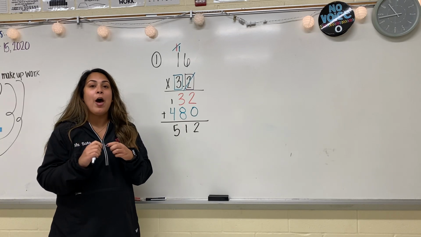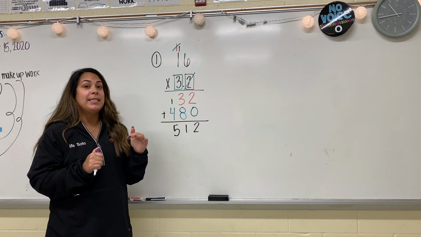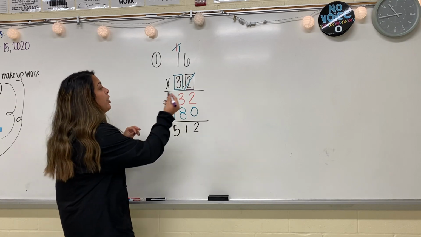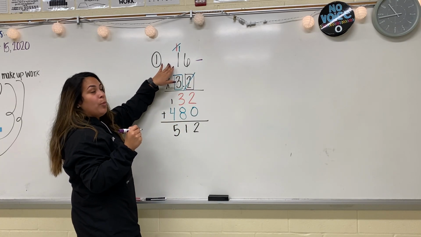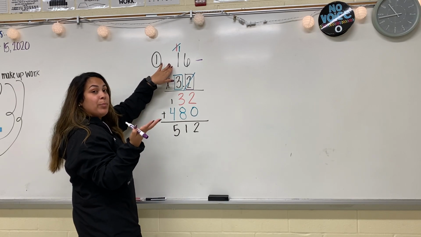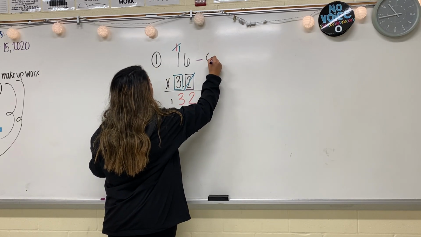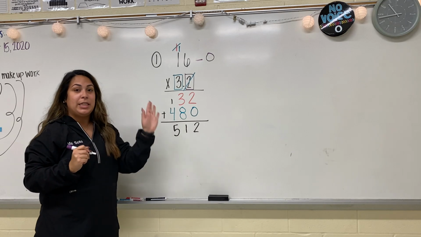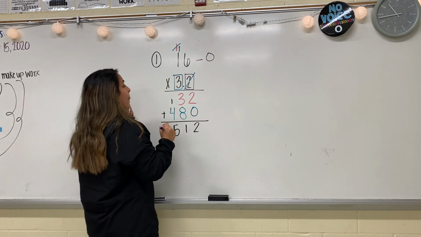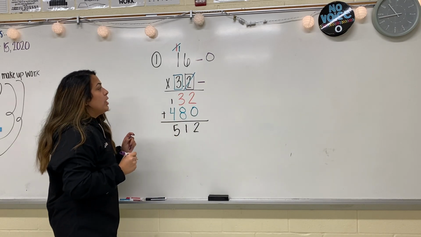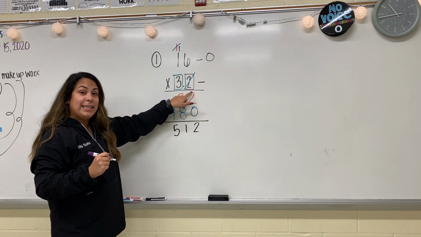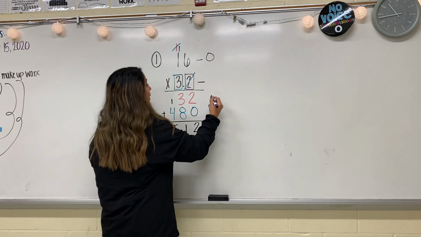I want to write to the side how many digits are behind the decimal with each number. So over here, I don't have a decimal point in 16, or at least I don't have one present. So I put 0 because there's 0 digits behind a decimal point. And I'm going to look at 3.2. 3.2 has 1 digit behind the decimal point.